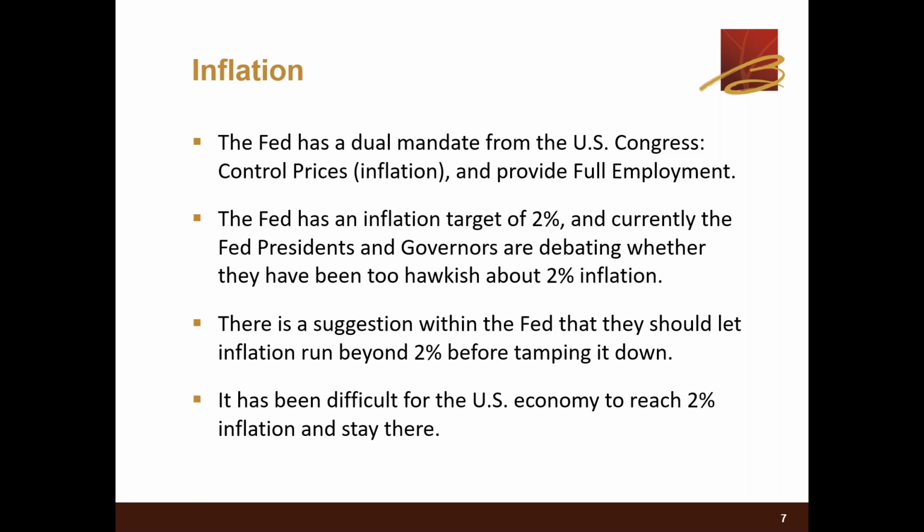There's a debate going on that perhaps they should let inflation run beyond 2%, not be afraid of it getting out of hand, since with the U.S. economy, it's been very difficult for the inflation rate to reach 2% and stay there. So they think they're being too fearful and cautious about inflation at 2% or above.